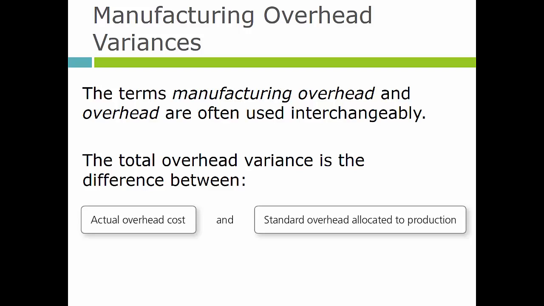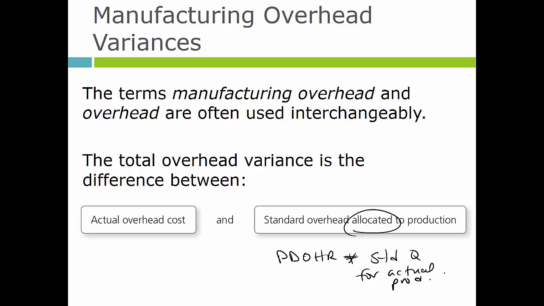And with the overhead variances, the differences are between the actual overhead costs and the standard that's allocated. And allocated, remember, is going to use that predetermined overhead rate, and it's always going to be that times the standard quantity for actual production.